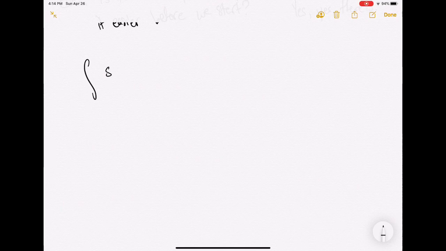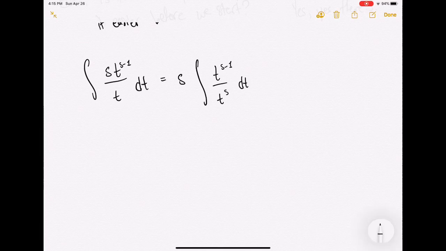Integral s t to the s minus 1 divided by t. Since t is the variable and s is a number, I can bring the s out front. So that's just a number, so it can come out front.